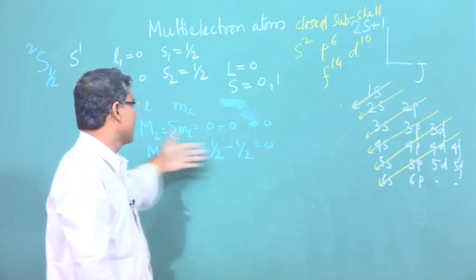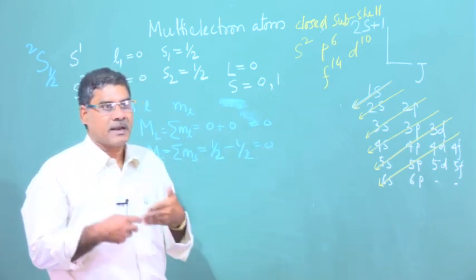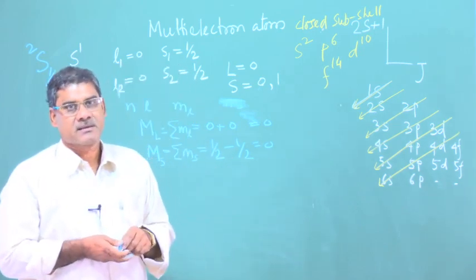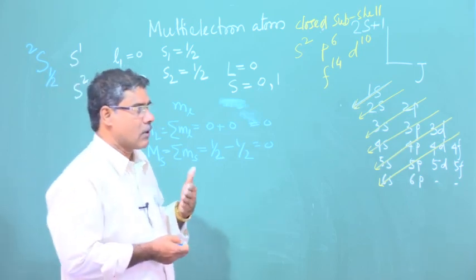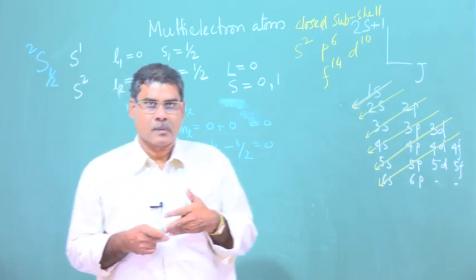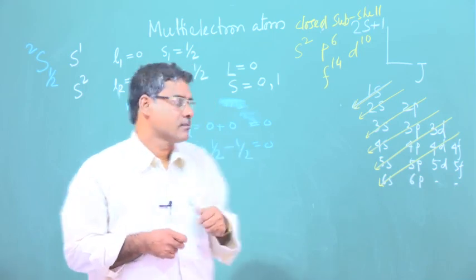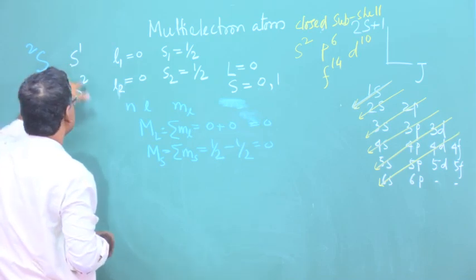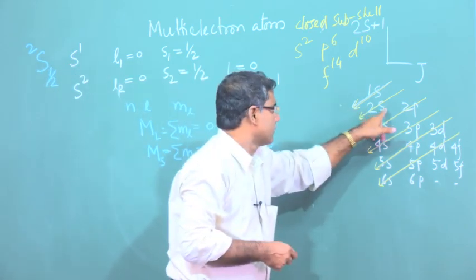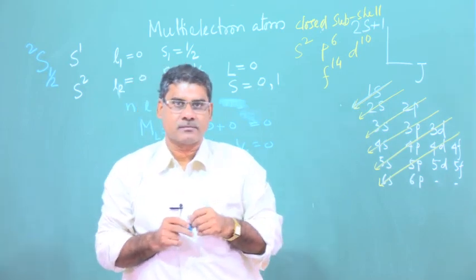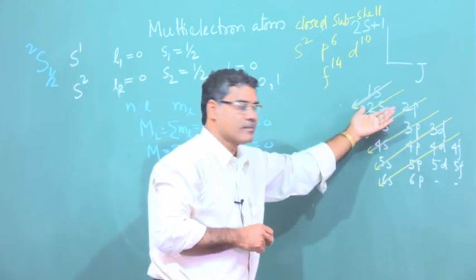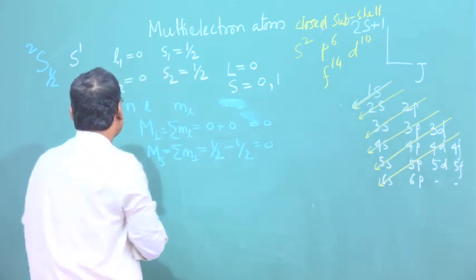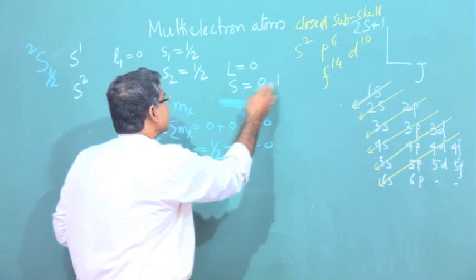Capital MS will be 1, and if S is 1, only then we get MS equal to 1. So although they are S electrons, when the electrons are in the same orbit, with the same n value, only S equal to 0 is allowed, and S equal to 1 is not.